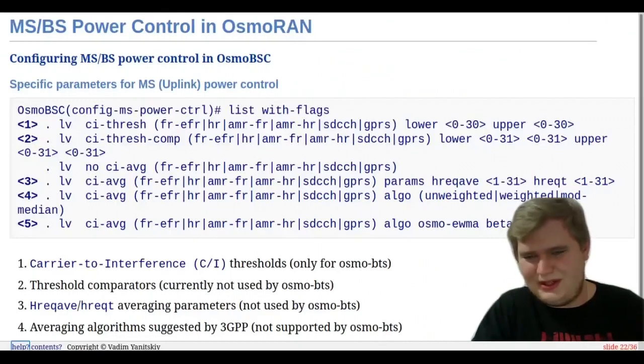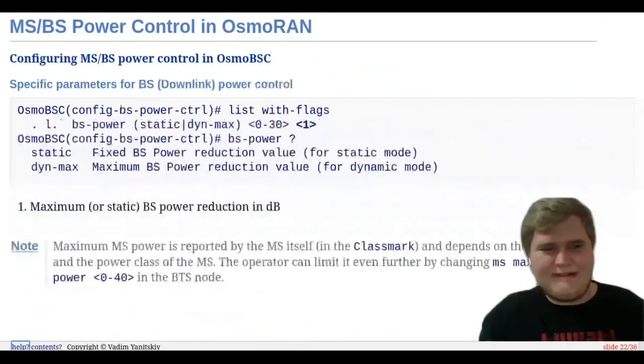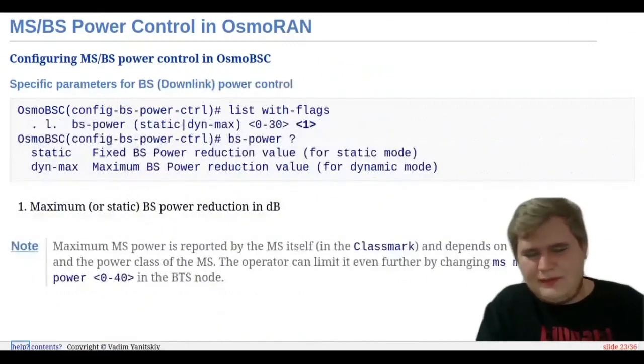It's not SNR, signal to noise ratio. That's a different thing, although it's related a bit. And here you have parameters related to the CI processing, like thresholds, also similar to what we have for RxQual and RxLevel. For the BS power control, we have only one specific parameter, that's the BS power.